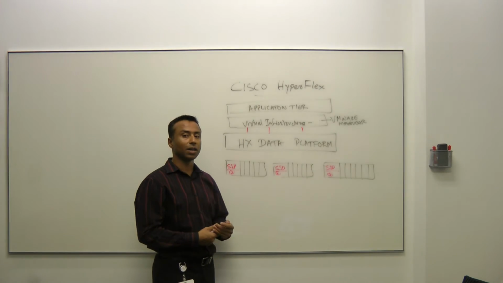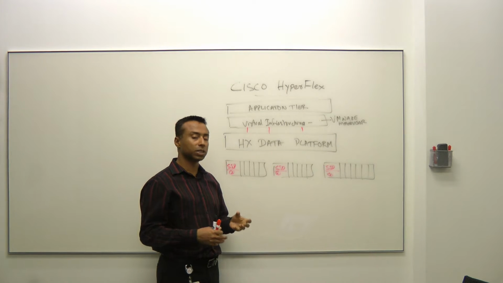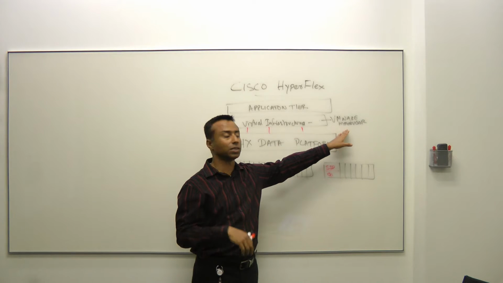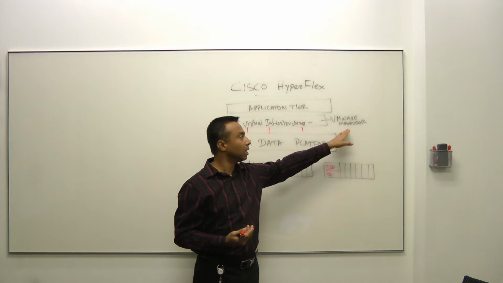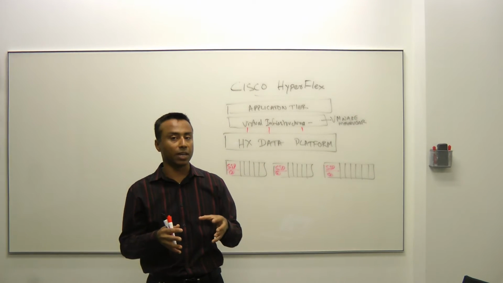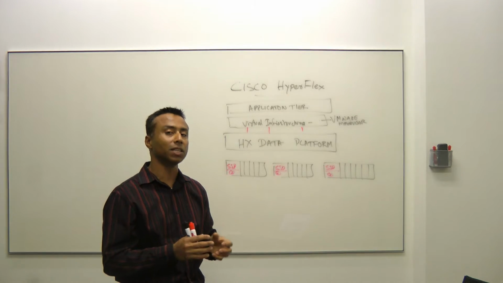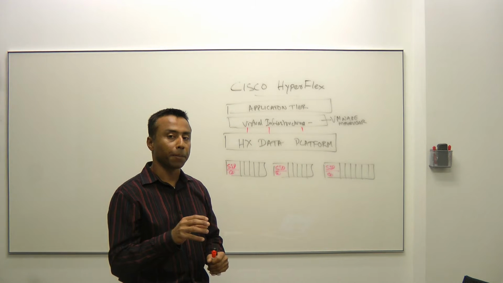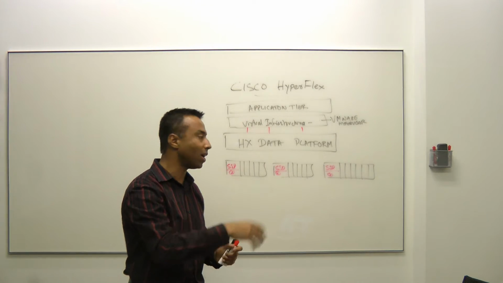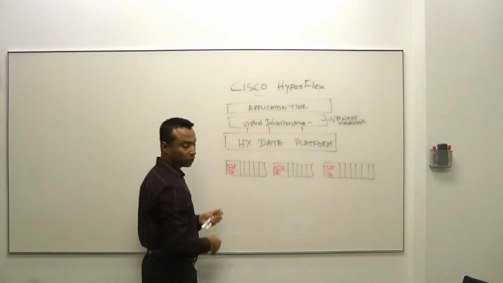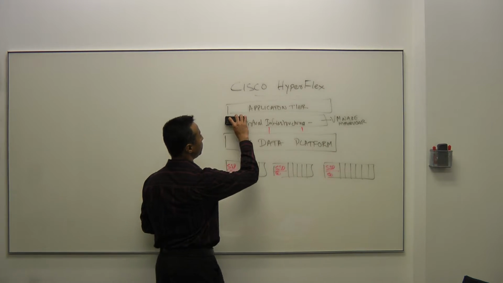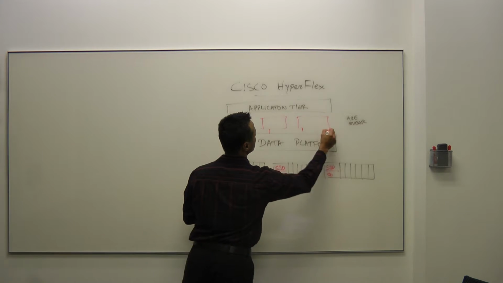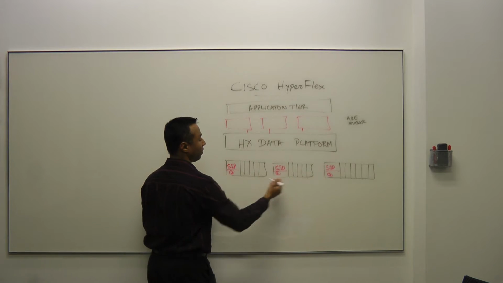Something else that we have done differently is that instead of embedding ourselves into the hypervisor, which would lock us in with one hypervisor, we use a very small component that we call IO Visor, which allows us to connect to the hypervisor of choice. So let's say this virtual infrastructure, I'm going to break it down to a handful of servers. Here are 3 servers, because I'm having 3 nodes.